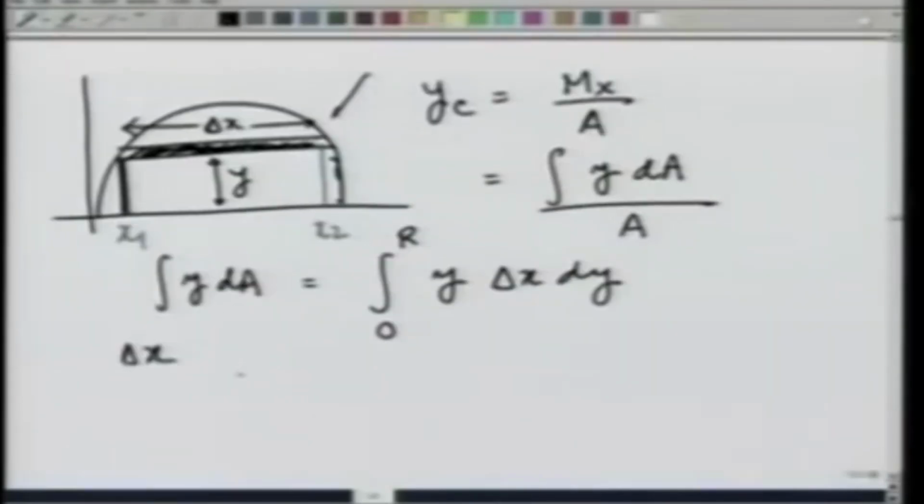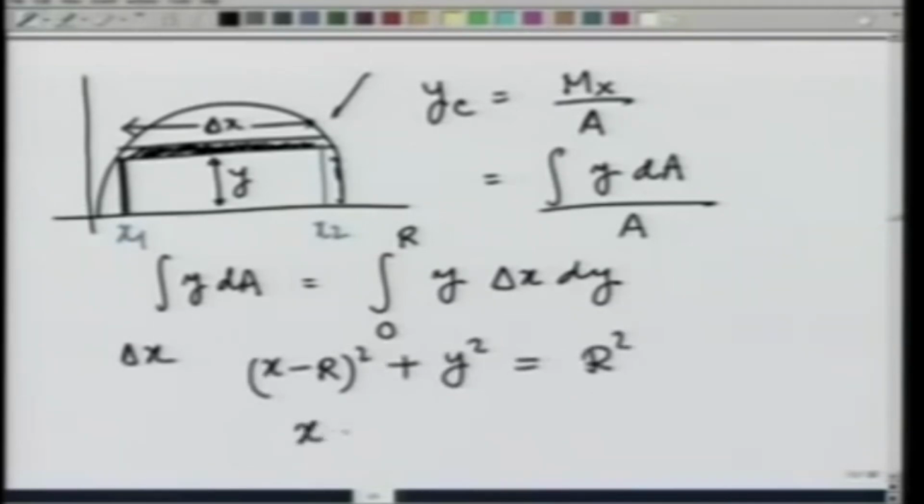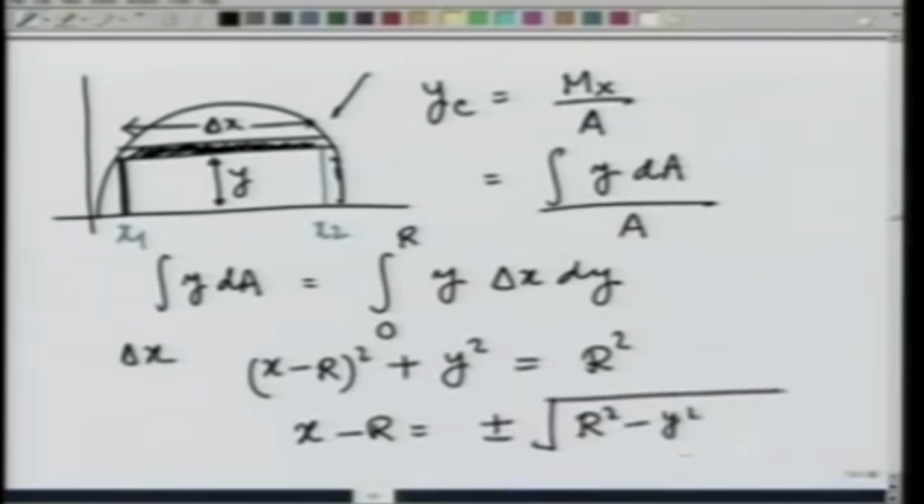we again use the equation for the circle, (x minus r) square plus y square equals r square, and that gives me x minus r is equal to plus or minus the square root of r square minus y square.